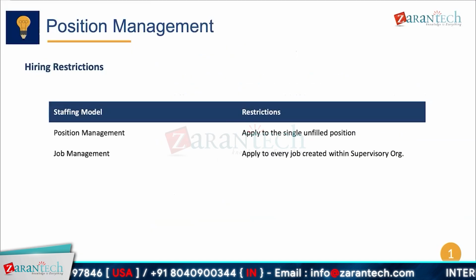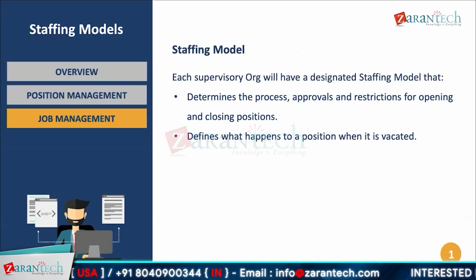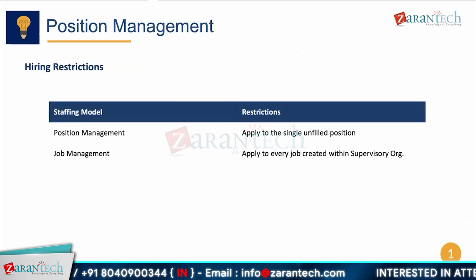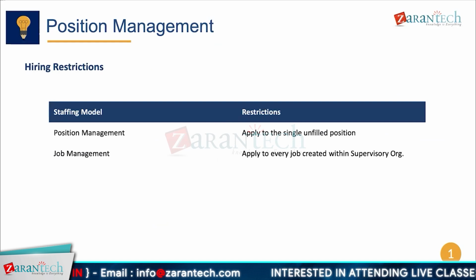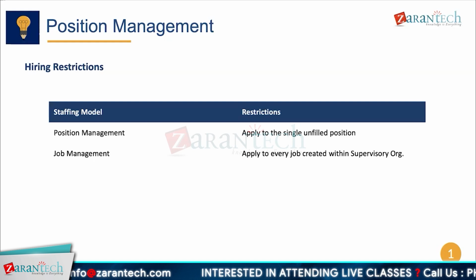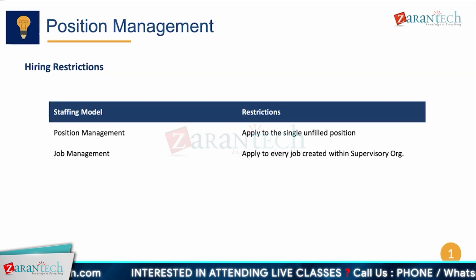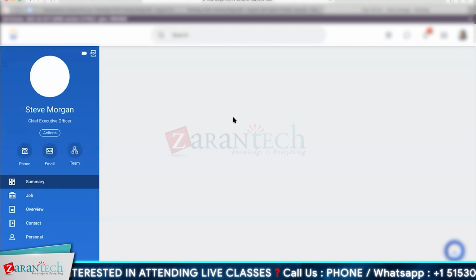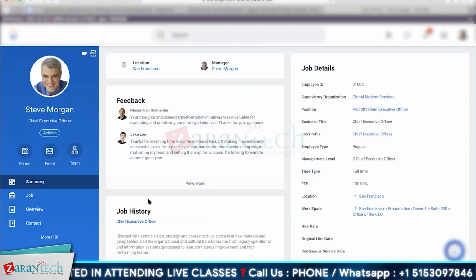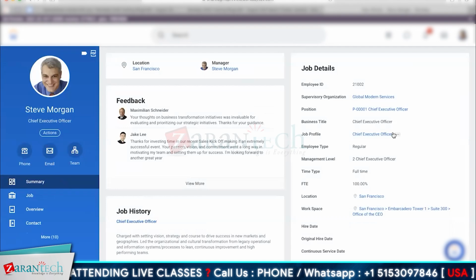So before we go to job management, let's just first take a look at how we can perform different functions in Workday using the position management model. So again, I'm using the testing tenant.